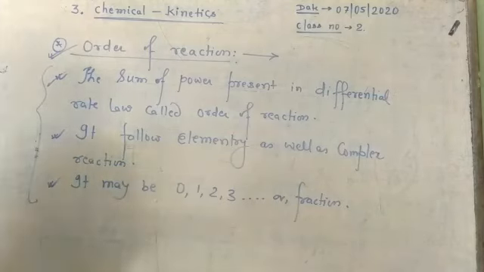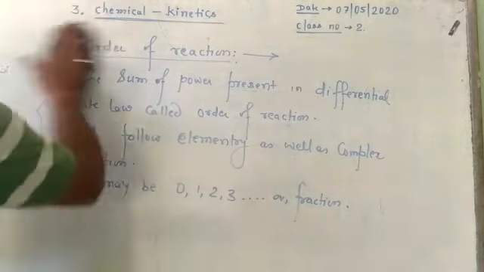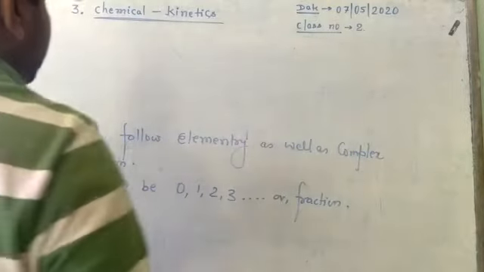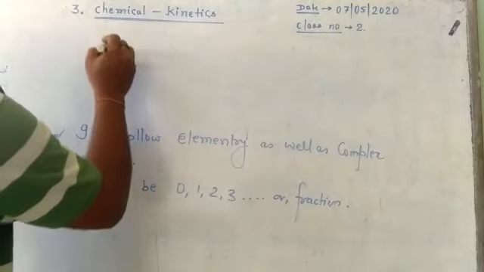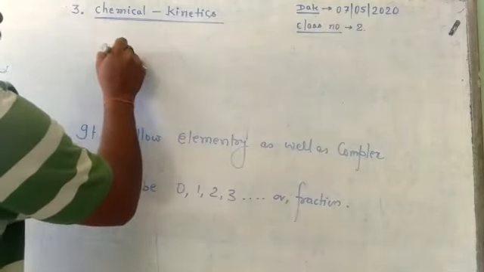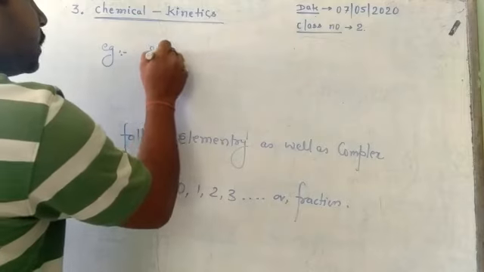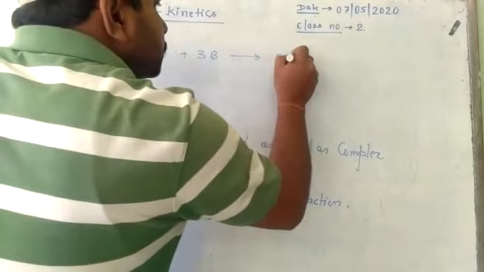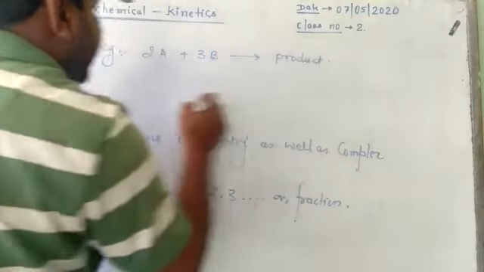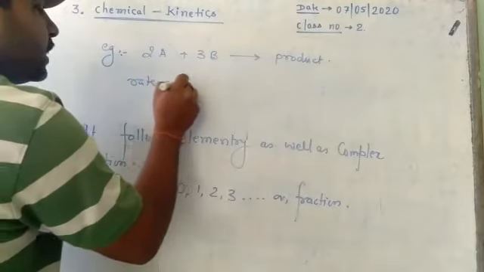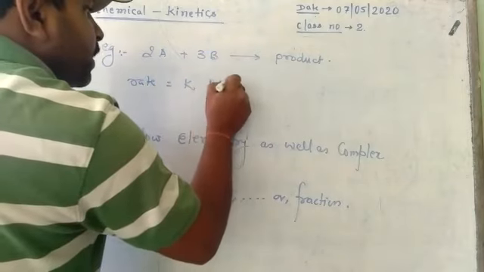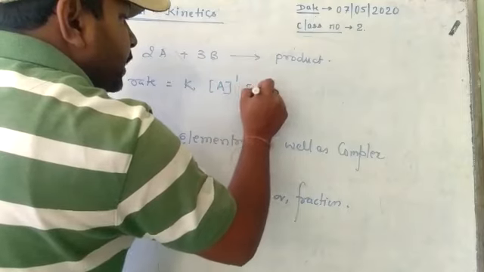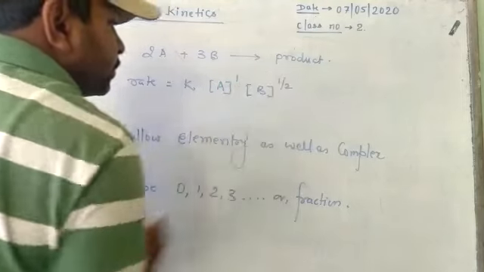So we take an example to understand order of reaction. Students, if 2A plus 3B gives product and rate equals k, A to the power 1 and B to the power half.